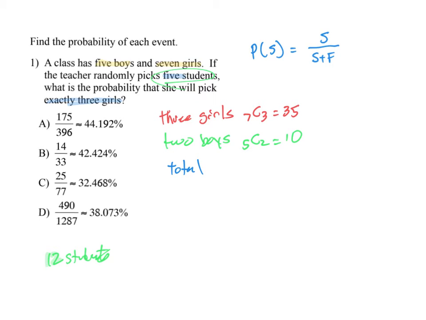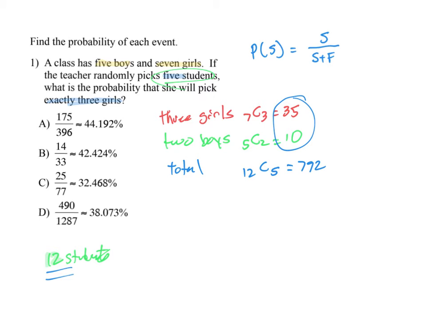And then in terms of our total outcomes, we have 12 students, remember when I wrote that down here? And we are choosing 5. So 12C5, that's going to be 792. Now, to count up our successful outcomes, we have 35 ways to choose the girls and 10 ways to choose the boys. We're going to multiply those together.